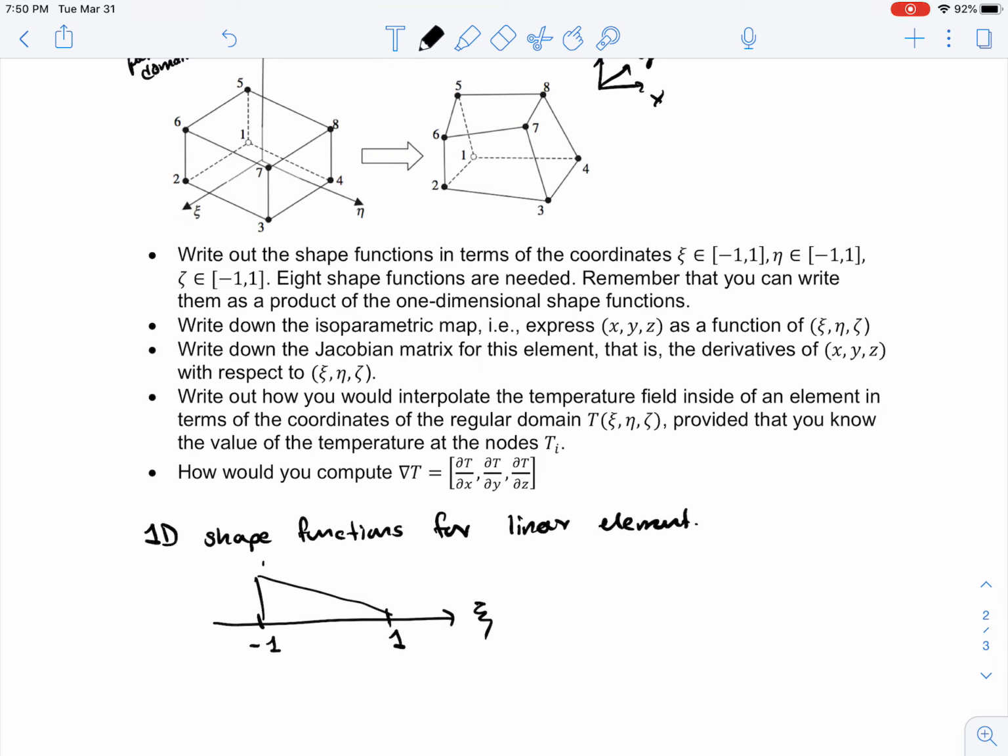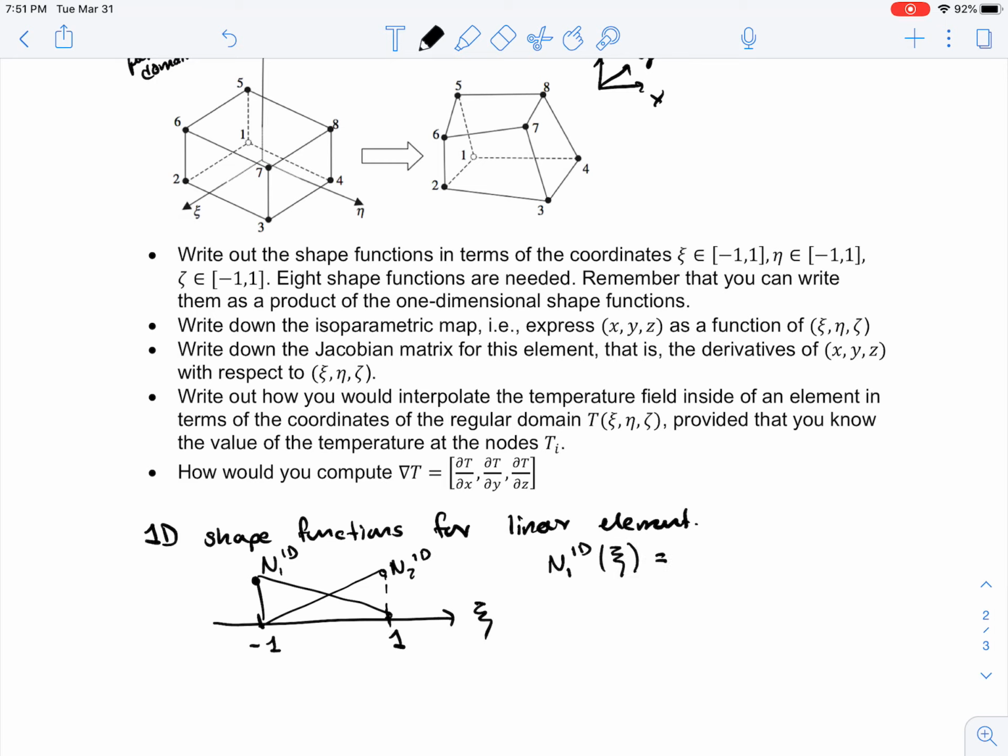So that would be n1 in 1D. It will start at 1, go to 0. The other shape function will look like this. So that will be n2 of 1D, and we can write it out.